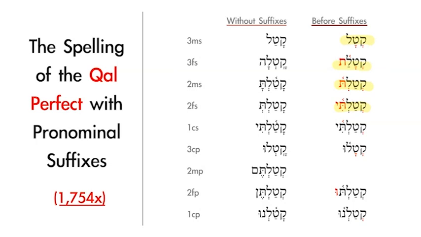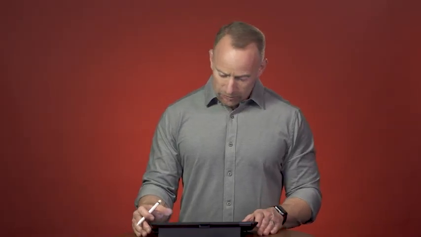The other changes are fairly minor, except when we get down to the 2fp, where the afformative becomes tem. That is, we lose the nun, and we end up with a shureq after the tav. Now, some of these changes seem fairly extreme, but over time you'll become comfortable seeing them. Remember, focus on what doesn't change and recognize those afformatives in the changing process.